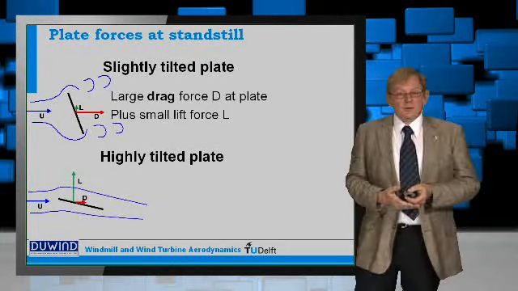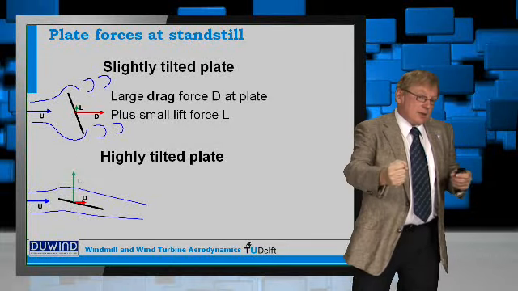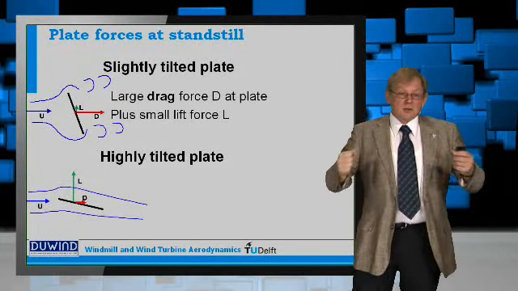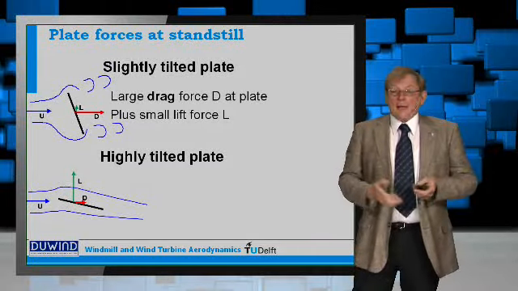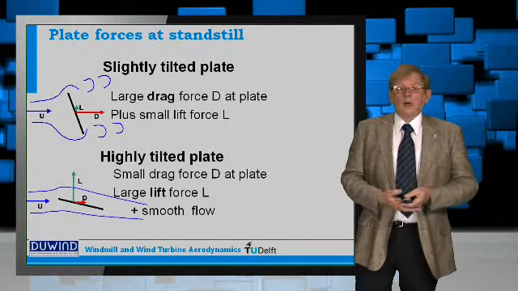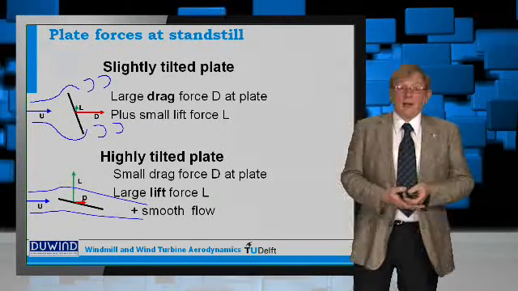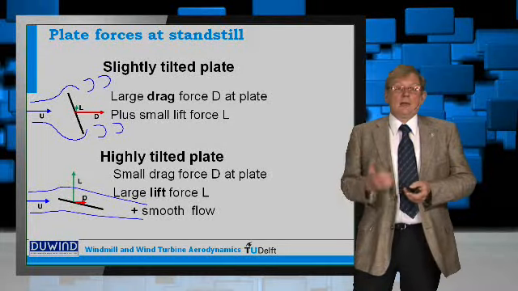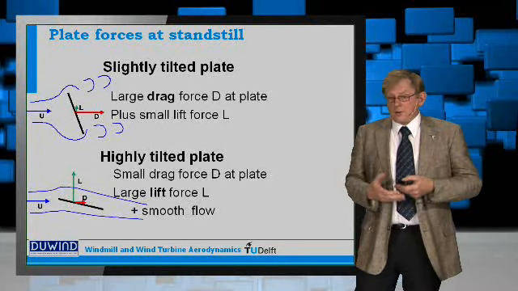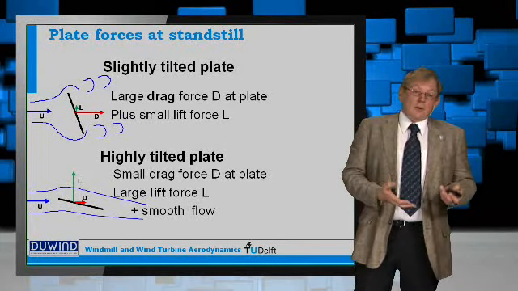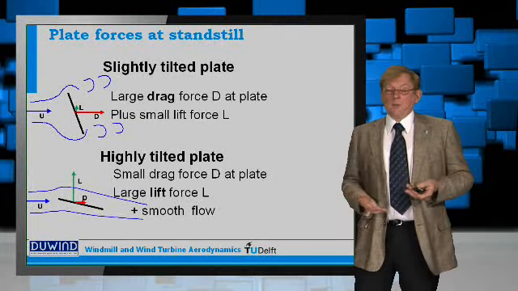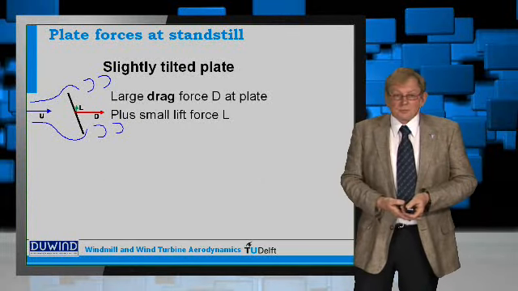You will find out that the force in that situation is almost the same as the force perpendicular to the plate. That is what we call lift. So now we have a large lift and a rather small drag. This is the starting point for the understanding of the aerodynamics of modern windmills and modern wind turbines.